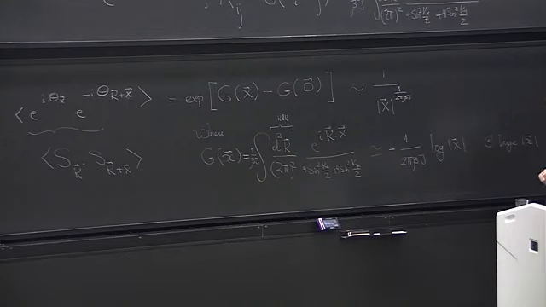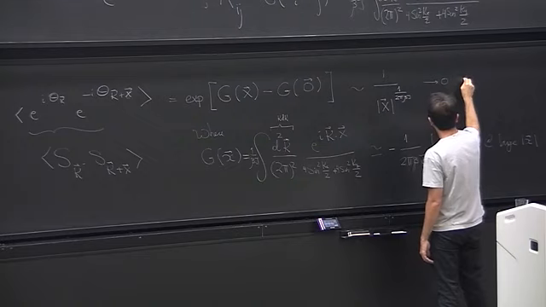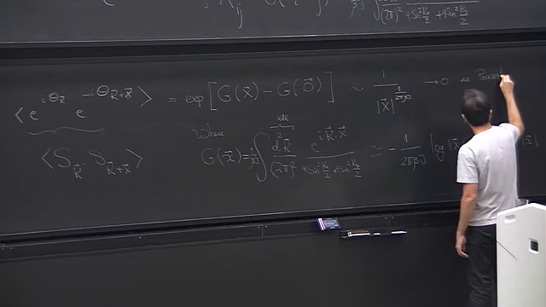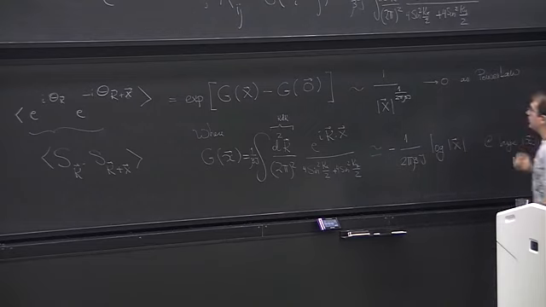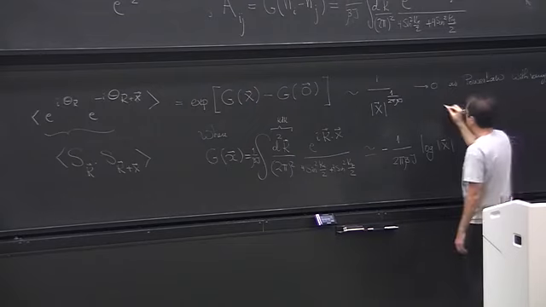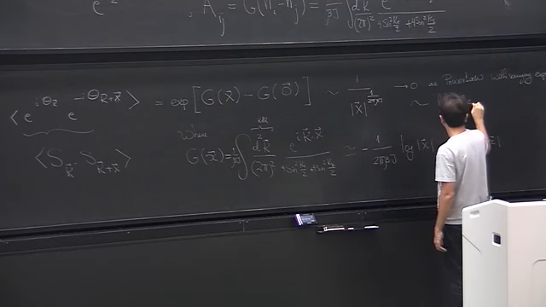So this is the behavior at large x, and so it goes to 0. But what's different is that we have a power law behavior. And we get a power law with a varying exponent. And this would indicate a line of critical theories.